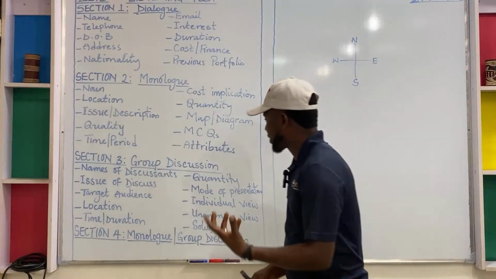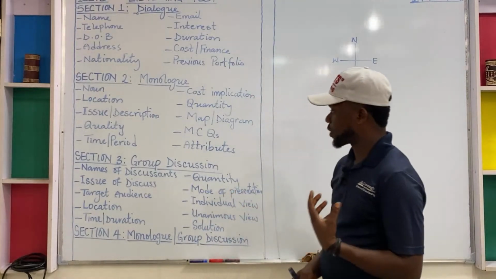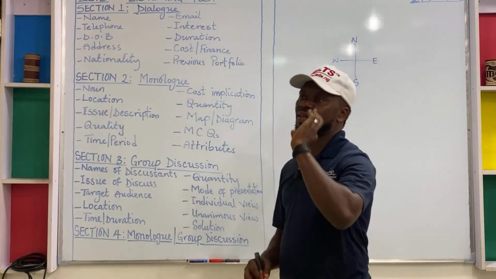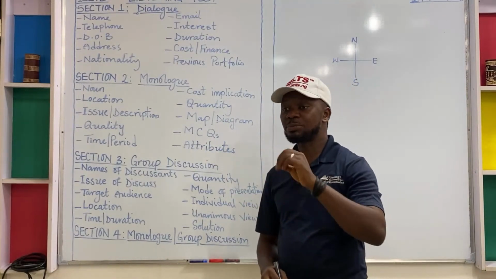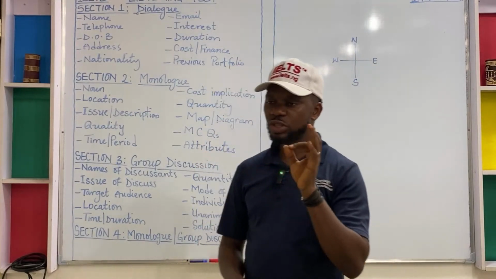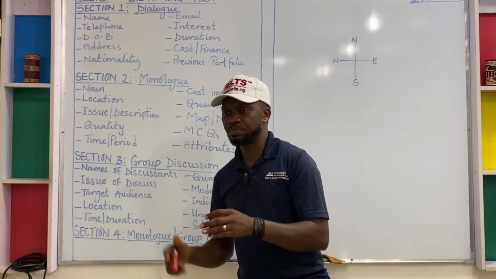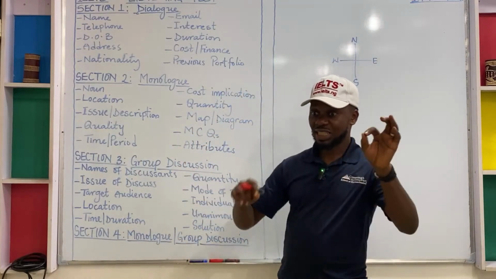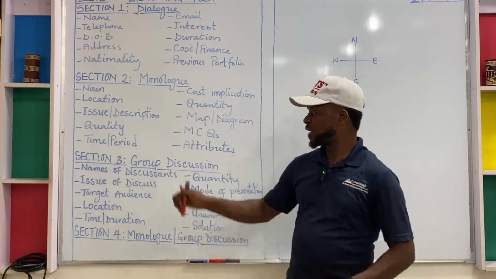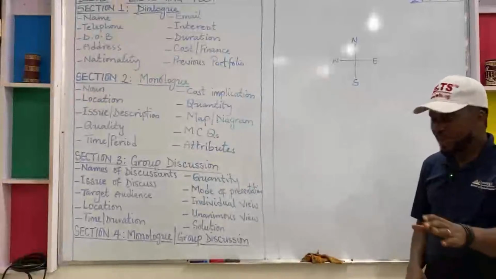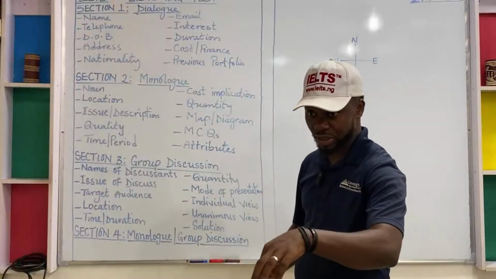So once they gather, first, the narrator introduces the names of those discussants. For instance, in section 3, you would hear a discussion between three friends, Mary, Jane, and Joshua. So it has given you the names. If the narrator does not give you the names of the discussants, it may not necessarily be an answer at that point.